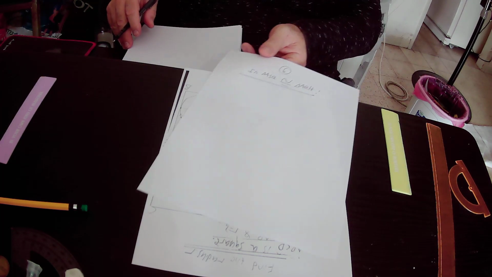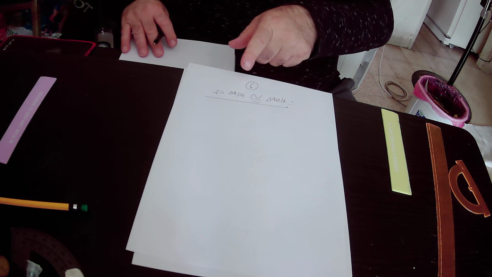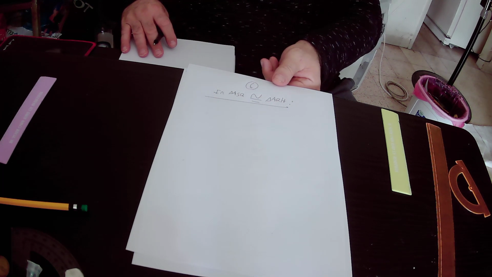So I will repeat again, we prove that the right triangle ASQ is congruent to the right triangle AQH.